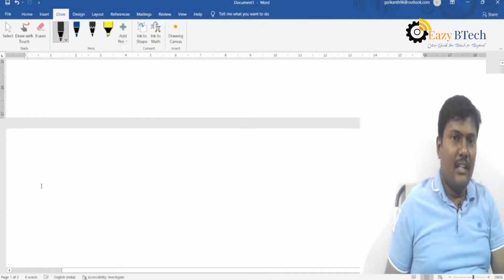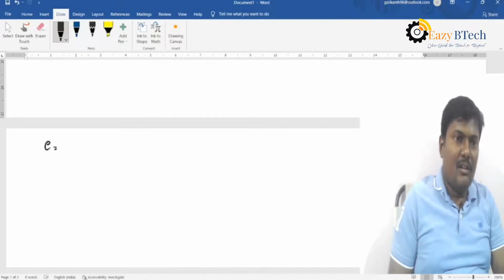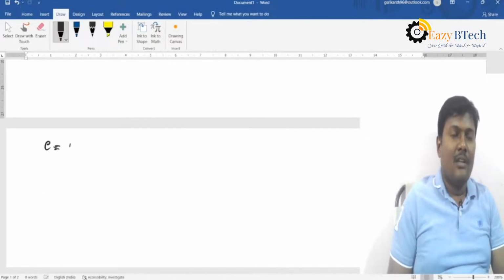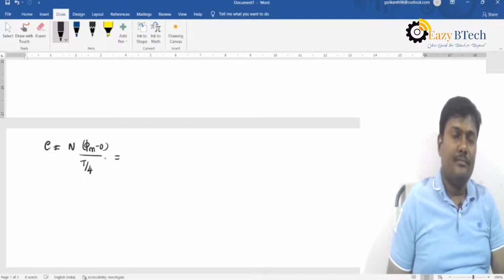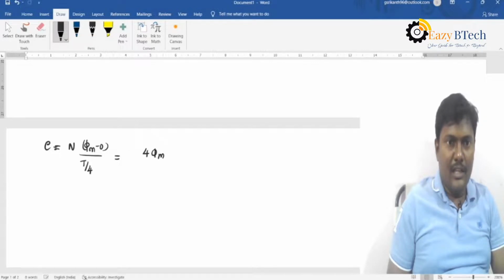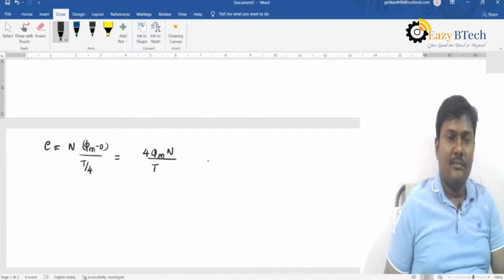Substitute here in the EMF equation of a single phase transformer. E is equal to N into d phi, that is phi m minus 0, divided by dt, that is T by 4, and this will be 4 into phi m into N divided by T.